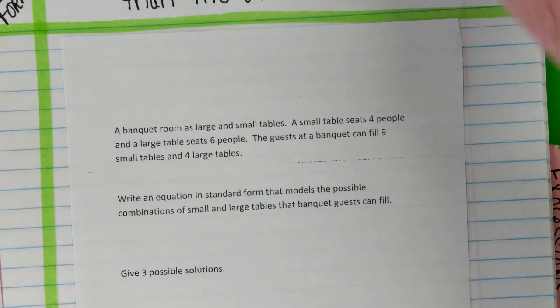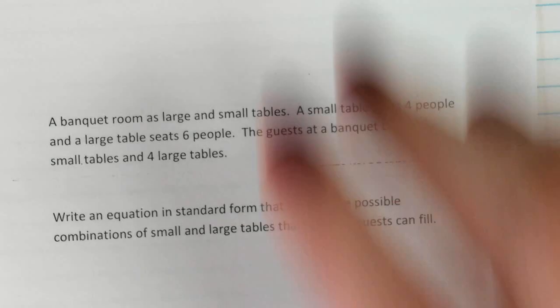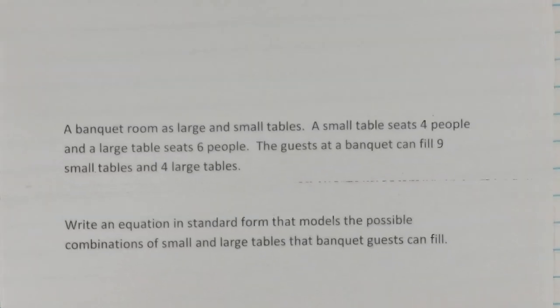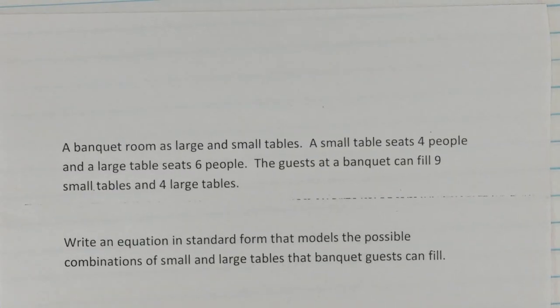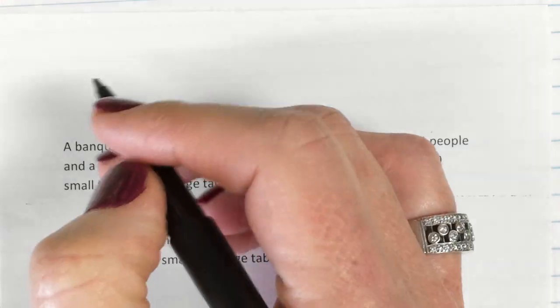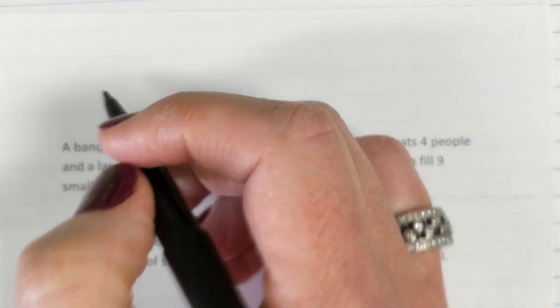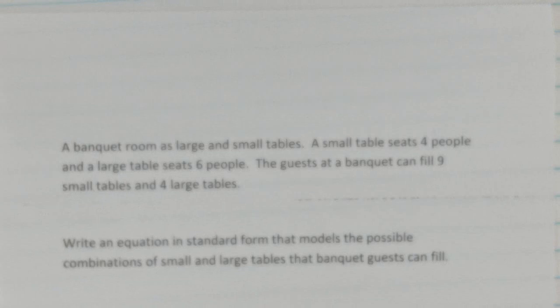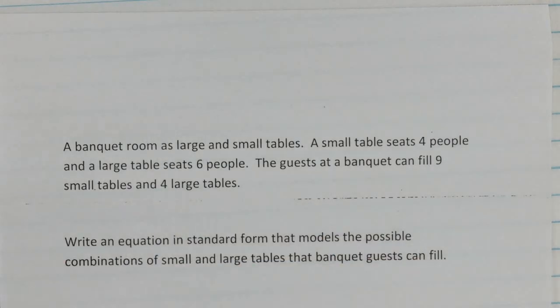Okay, so writing using standard form in problem solving is actually a ton easier, I think, than doing slope-intercept form or point-slope form. The biggest thing that needs to happen when we are looking at word problems and we know we're going to end up writing them in standard form is we're not going to be given the slope and a point, or 2 points.